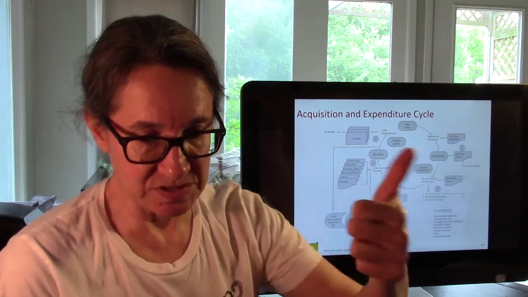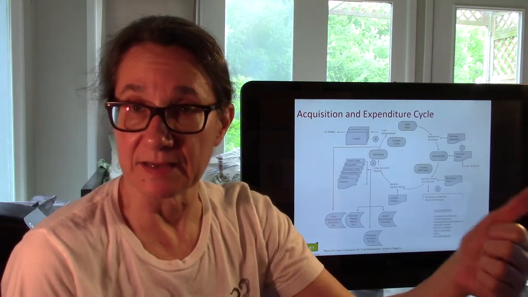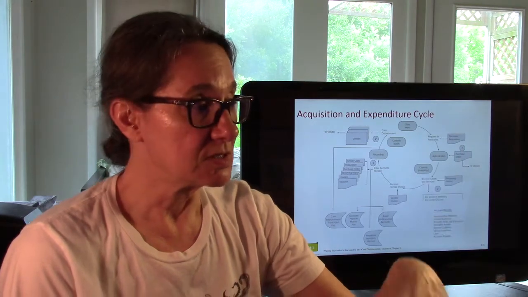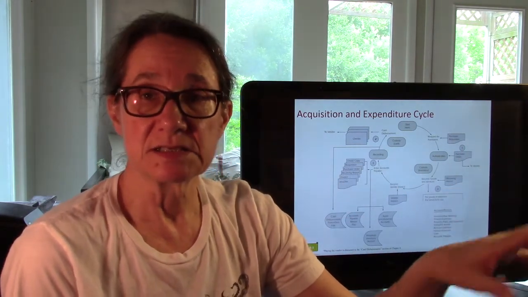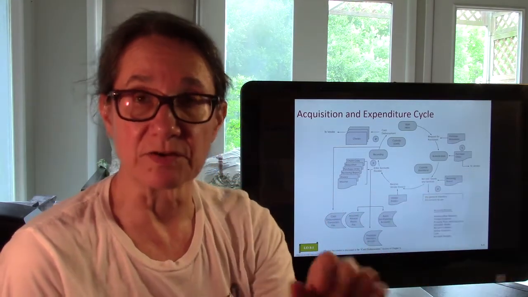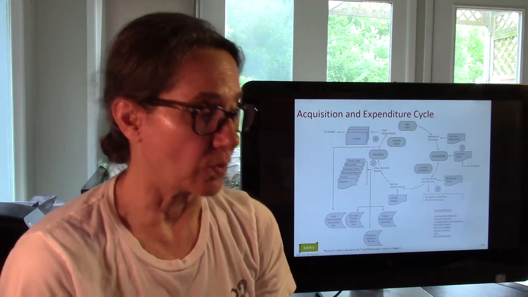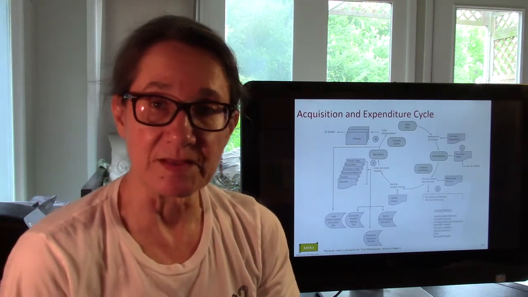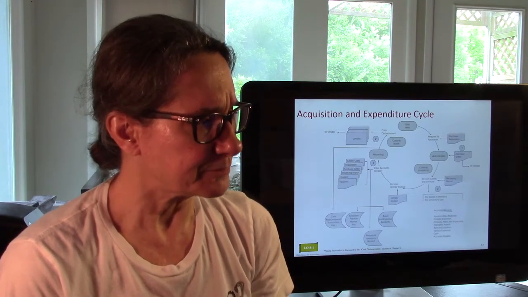We've got the requisition, somebody who's okay to ask for it, asks for that thing that needs to be purchased. It goes and gets authorized, then it gets sent out as a request to the vendor. We would like to purchase this thing from you. So it's called a purchase order, right? And so that's just another accounting document.